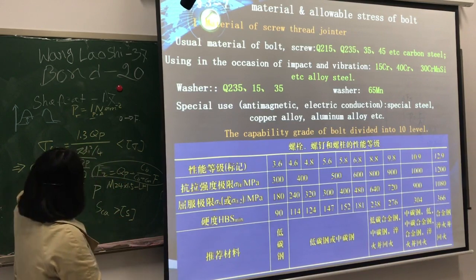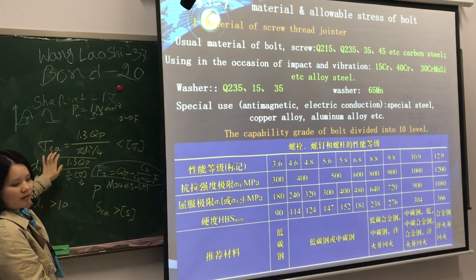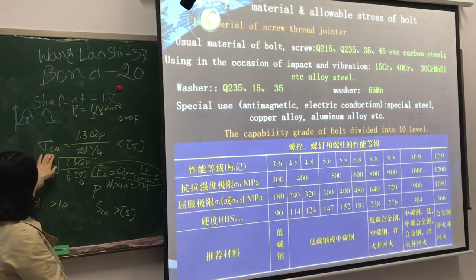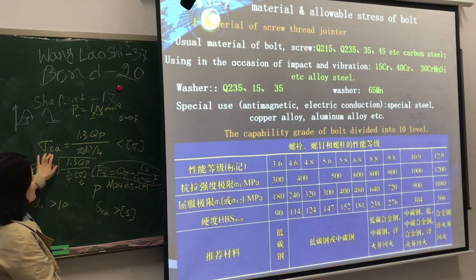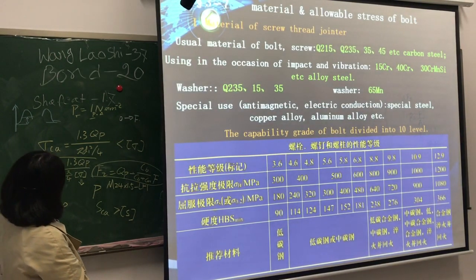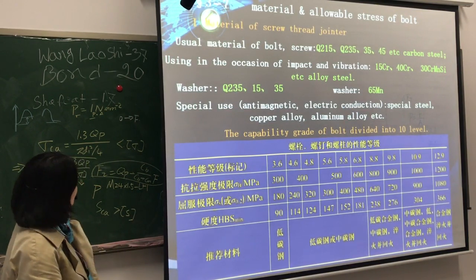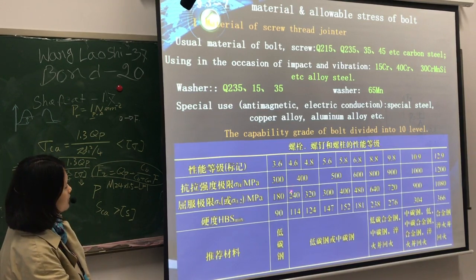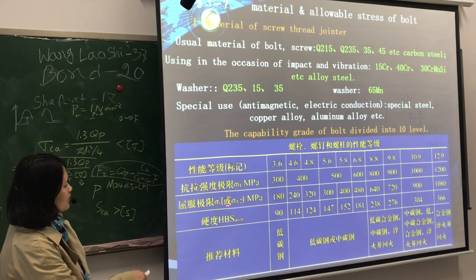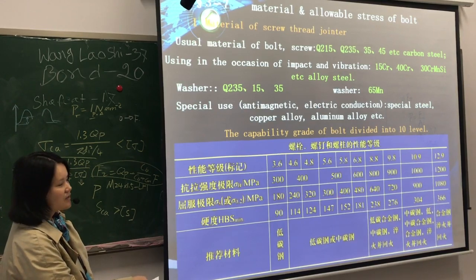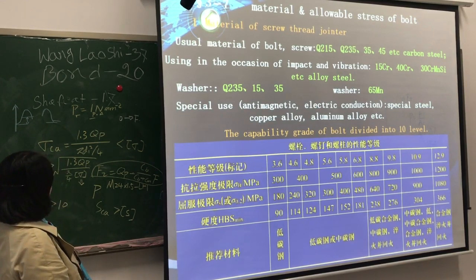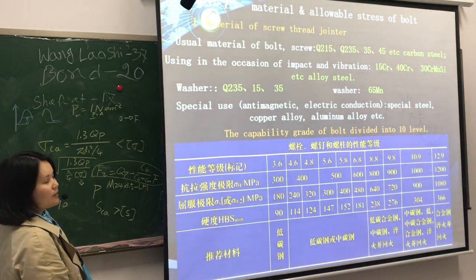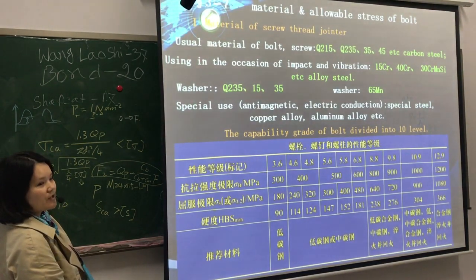So we calculate this, and we can calculate the sigma CA, and we can choose a standard for the tensile stress and yield stress. We also can calculate the diameter.